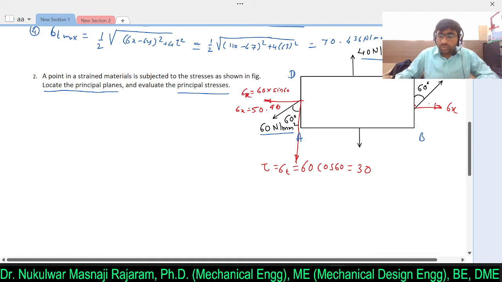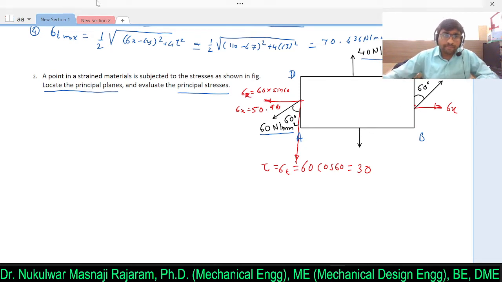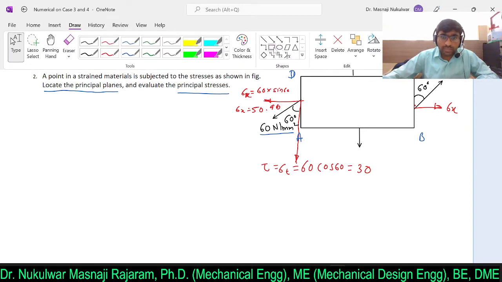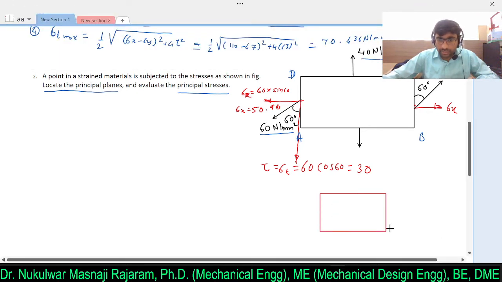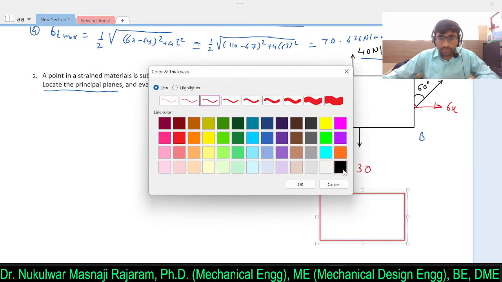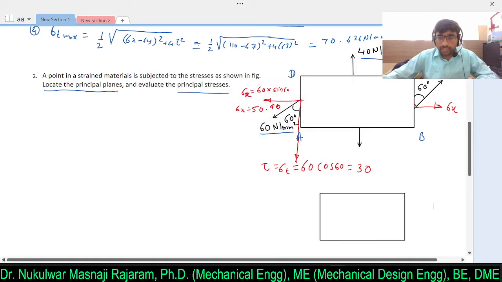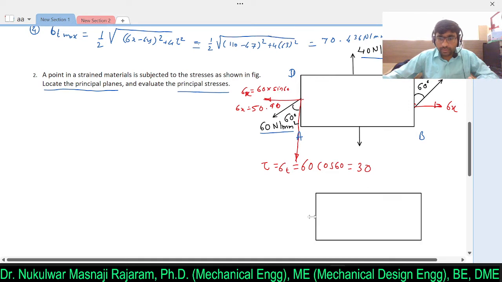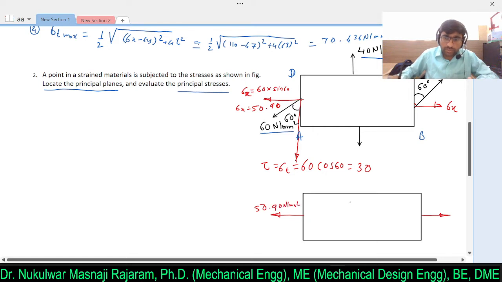Now as we know the principle of complementary shear stress, from that I can draw another figure. Here I am drawing the same figure. Then I will get to know the different forces acting on this particular body. Along the x direction it is 50.9 Newton per mm square.